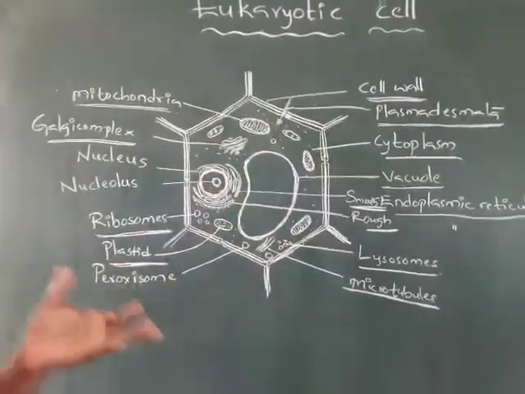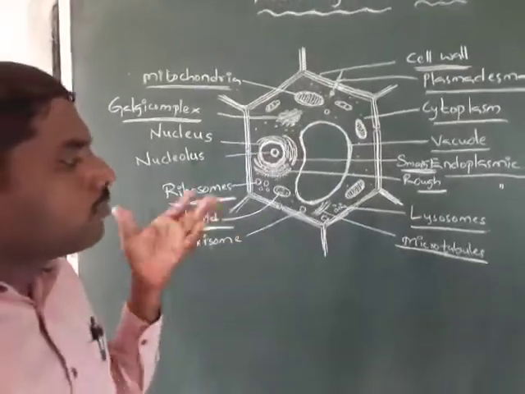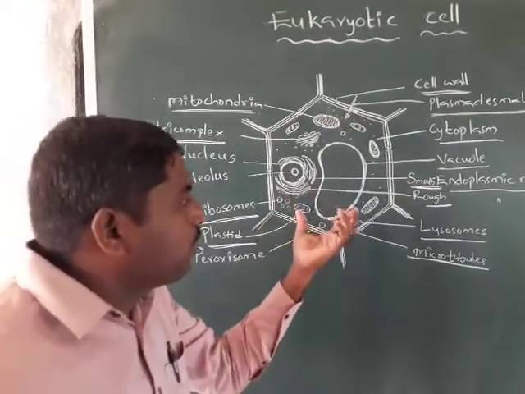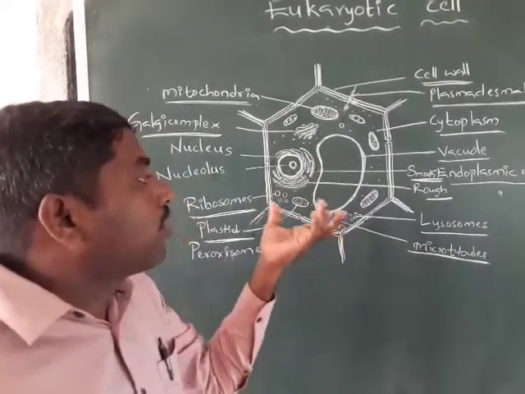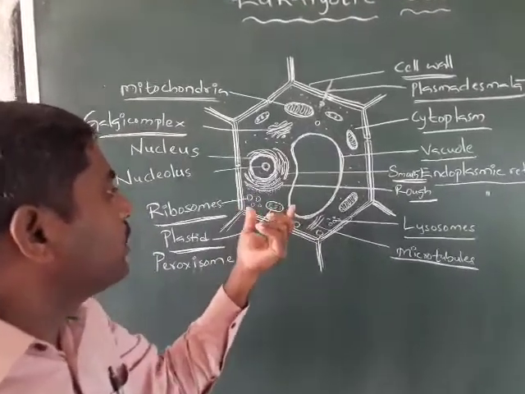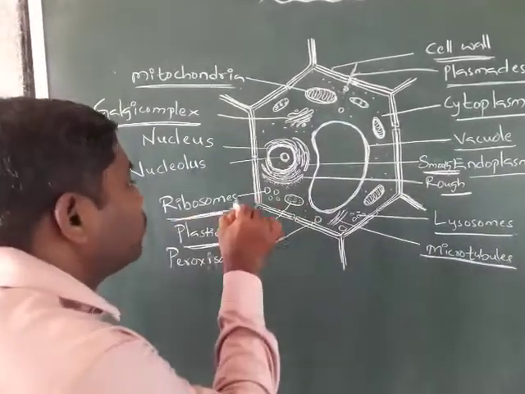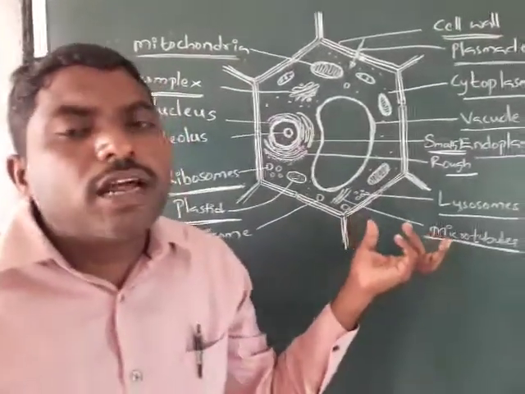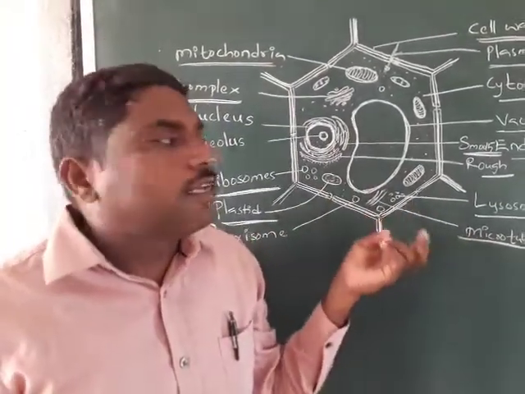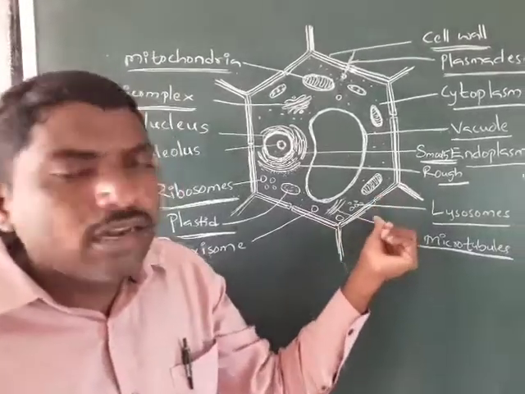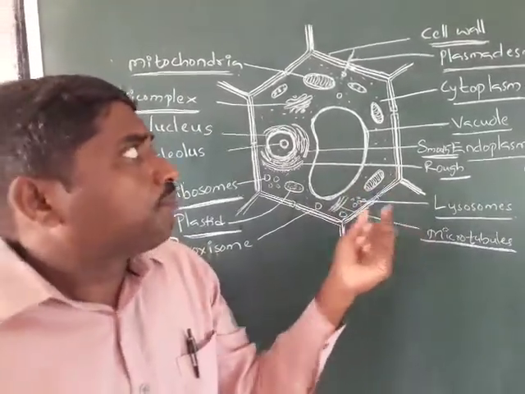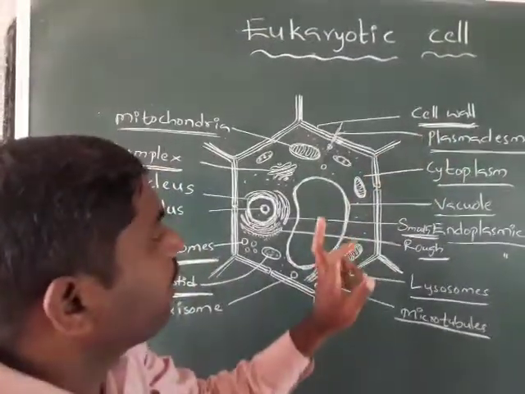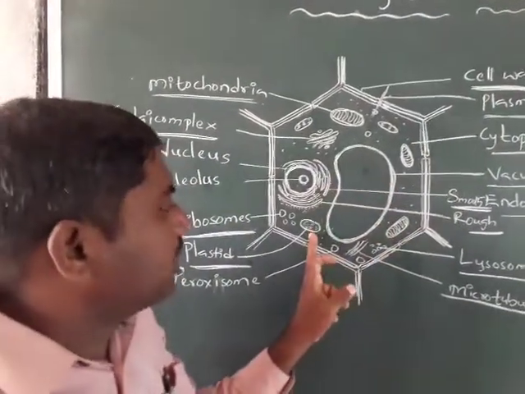Here we have to think that membrane-bound organelles are present in the eukaryotic cell, and the non-membrane-bound organelle, the ribosomes, is also present. Here we have to observe the difference between plant cells and animal cells. Plant cells have a cell wall, vacuole and plastids.